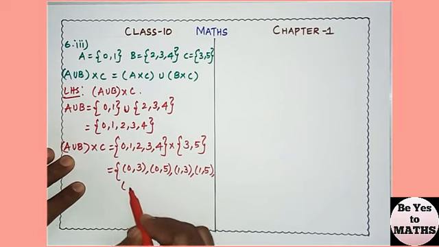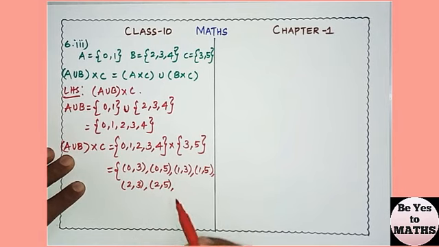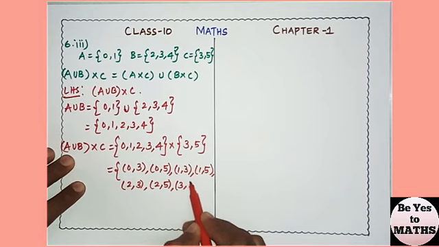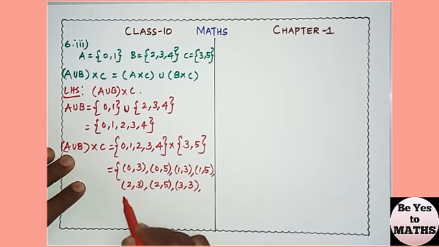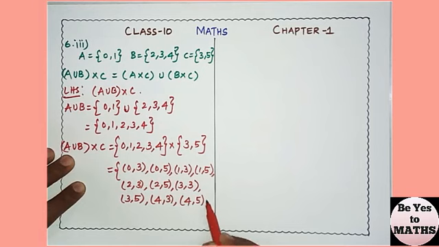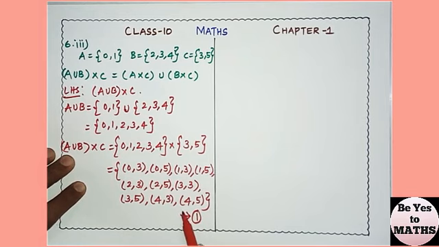Similarly 2: (2,3), (2,5). Then (3,3), (3,5). Then (4,3), (4,5). Left hand side is over. Take this as equation number 1.